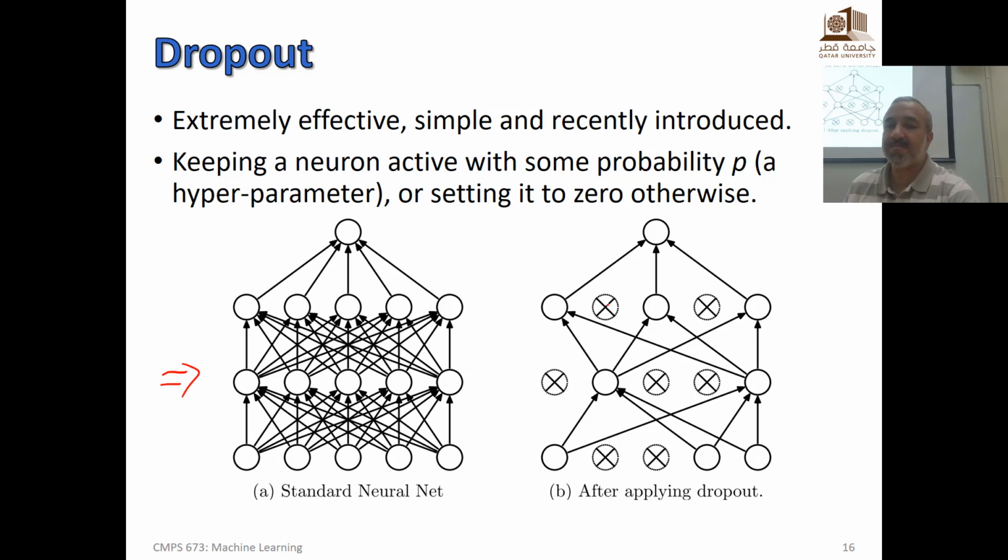Drop them out means deactivating them or removing them completely, as you see here in the figure on the right. So some of the neurons will be completely off. With every training example, we will select randomly a sample of the neurons and we will deactivate them.